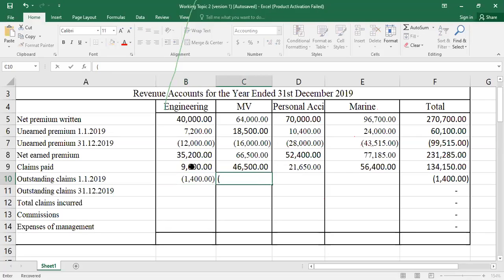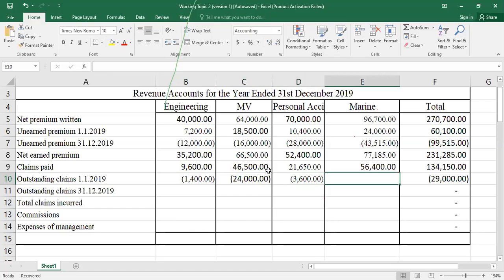Then for the motor vehicle, the outstanding is 24,000. For the personal accident, the outstanding claim is 36. And for the marine, the outstanding claim is 13,500.